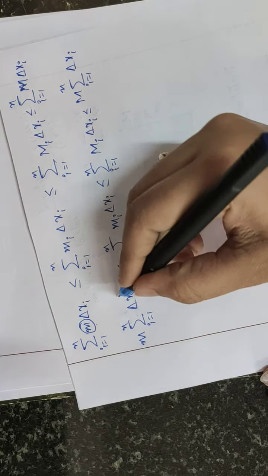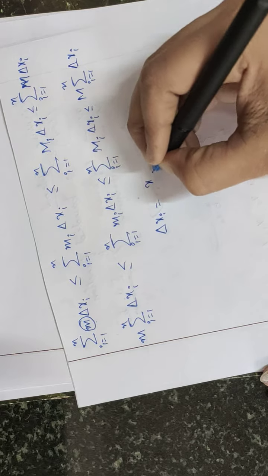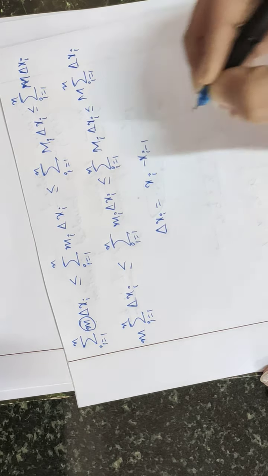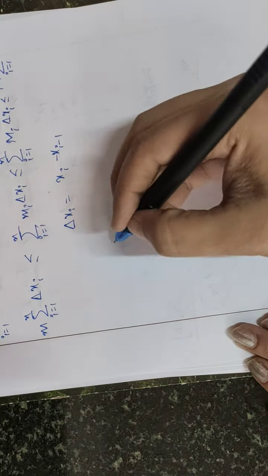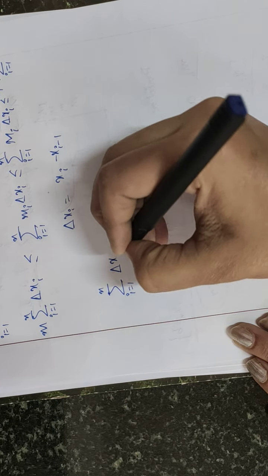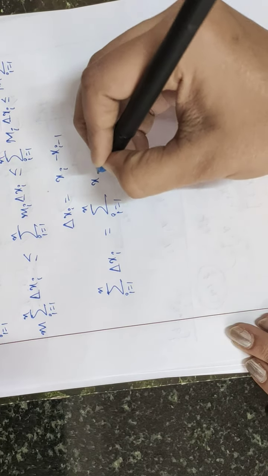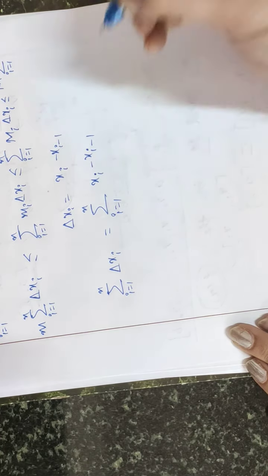So now we know what delta xi is. Delta xi is nothing but xi minus xi minus 1, right? So now let us find out what summation i is equal to 1 to n delta xi is. I can write this as summation i is equal to 1 to n of xi minus xi minus 1.